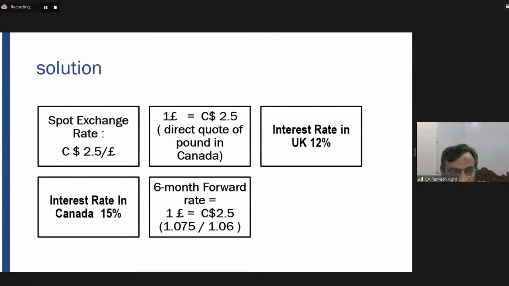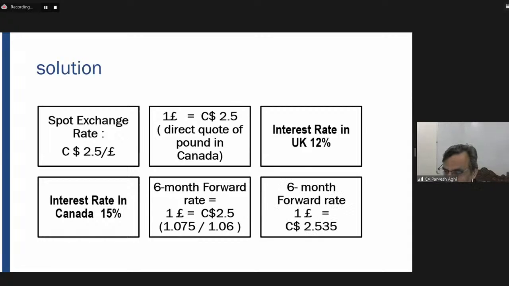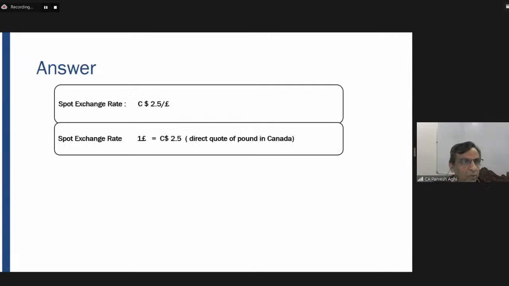It is for 6 months, so we have reduced it by half. So we calculated the 6 months forward rate, which is 1 pound is equal to 2.535 Canadian dollars.